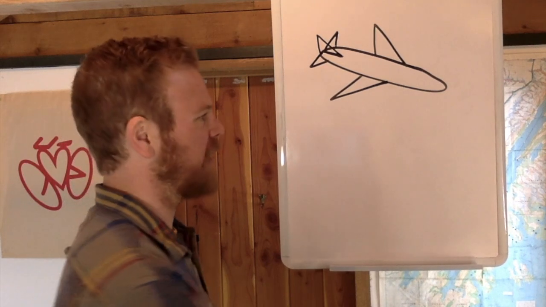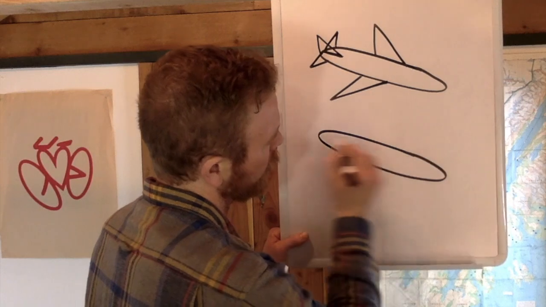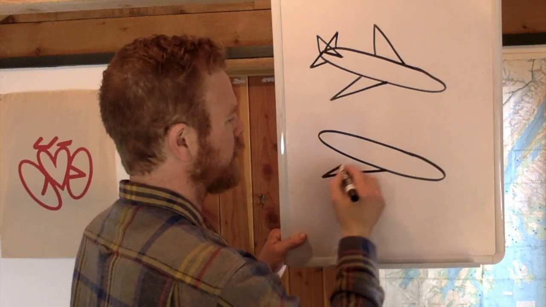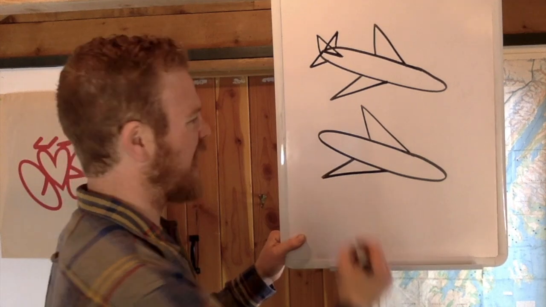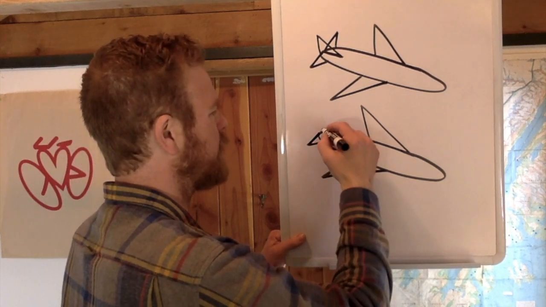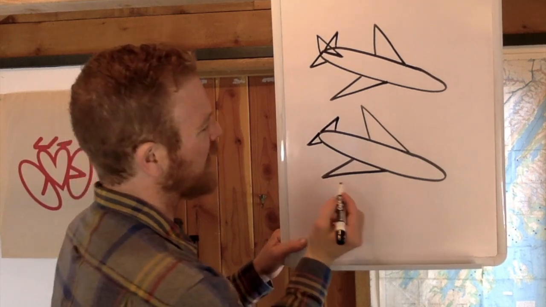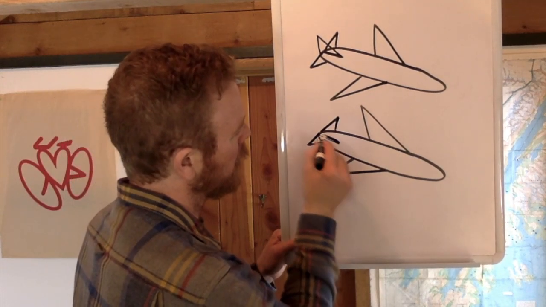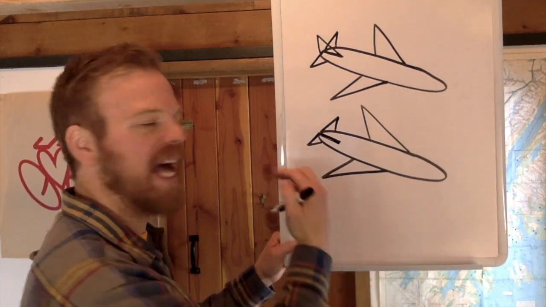Let me show you that again. Here's an oval with wings, two side wings on the tail. Draw a short black line down the middle, and then draw a triangle backwards.